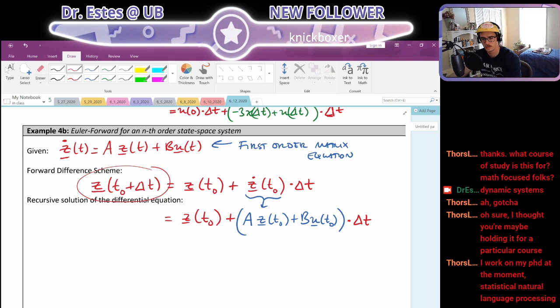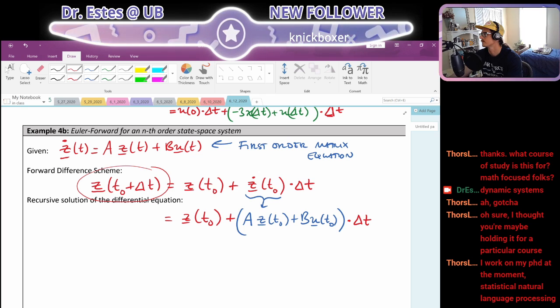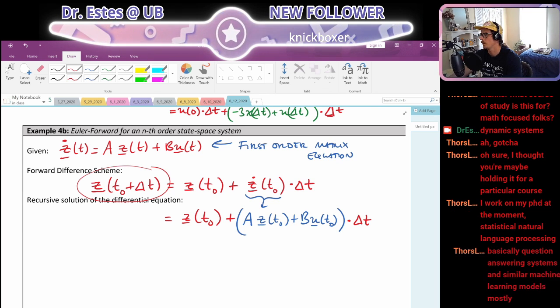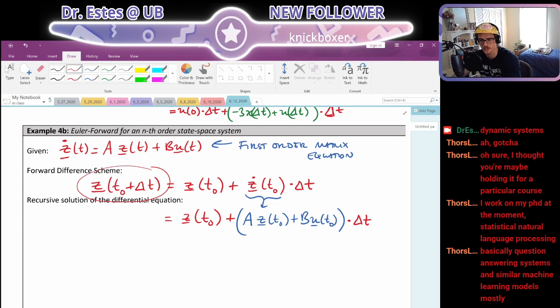Wow. I don't know what that means. Statistics is math, though. Basically, question answering systems and similar machine learning models. Wow. Oh, nice.